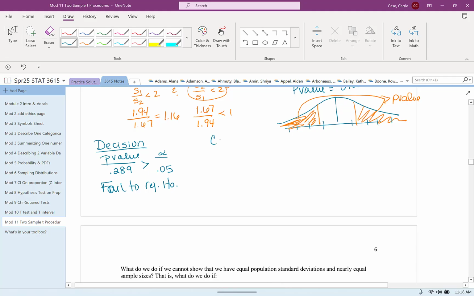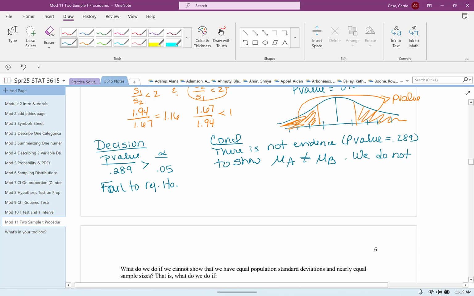And so our conclusion is that there is not evidence at any reasonable alpha level, to be honest, because our p-value is 0.289, to show mu of battery A is not equal to mu of battery B. We do not see a difference between the brands.